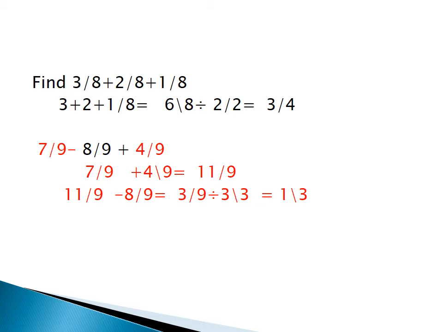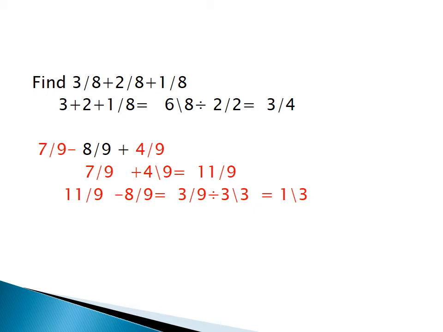Now you can see on your screen the numbers written in red color have a plus sign. First one is 7 by 9 and the second one is 4 by 9. First of all, we will add these numbers. 7 by 9 plus 4 by 9 is equal to 11 by 9.